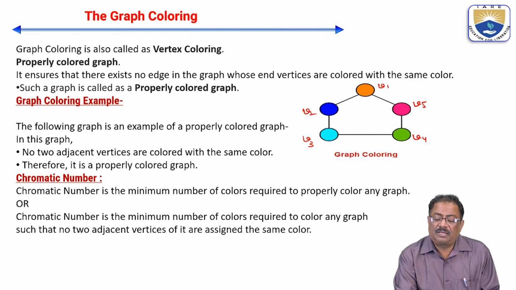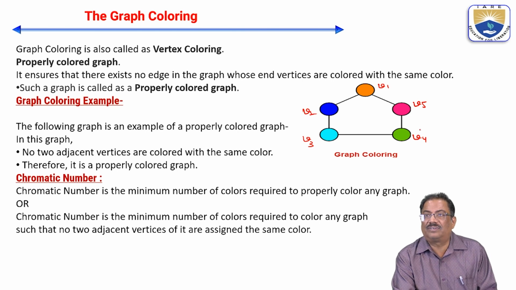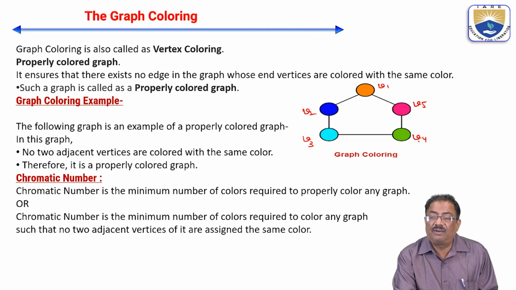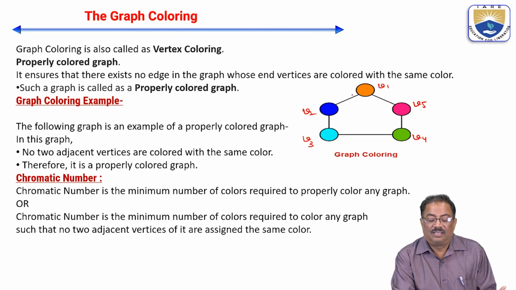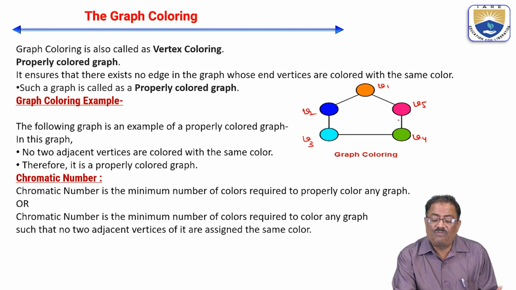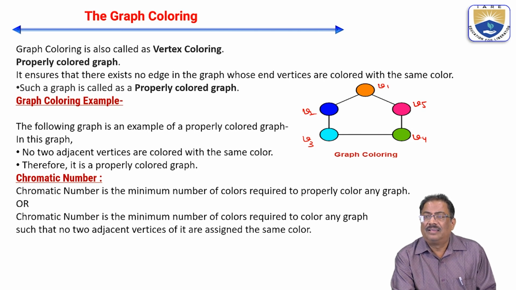Now here some color will be there. Adjacent vertices will have different colors. Next, this has one adjacent vertex, V4, and of course these two are adjacent vertices. In whatever manner you consider, V3 and V4 are adjacent, so V3 and V4 have different colors. V2 and V3 are adjacent vertices, and they have different colors. V4 and V5 are adjacent vertices, and they have different colors.